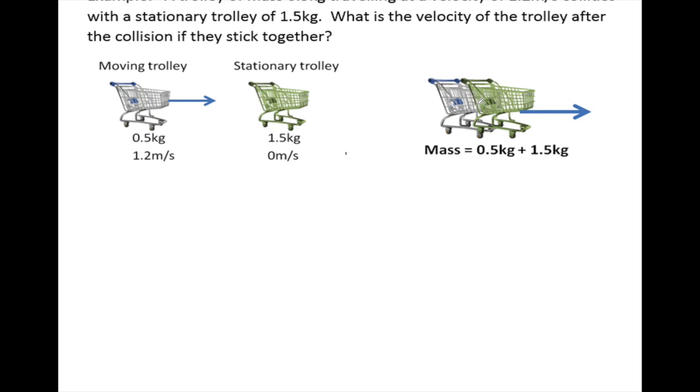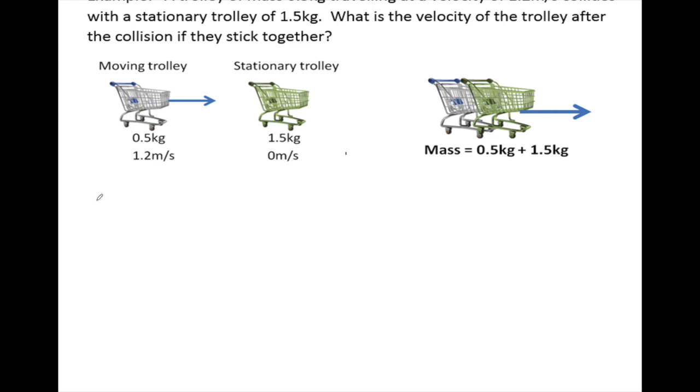You have to go into A level where they don't stick together. So afterwards, they have a total combined mass of 2 kilograms. And the question is, what's the velocity of the trolleys after the collision when they're stuck together?